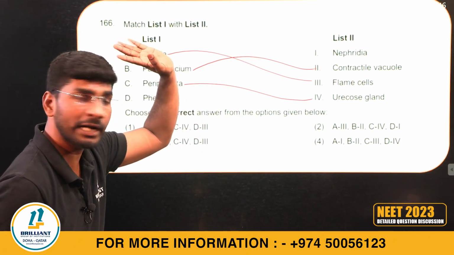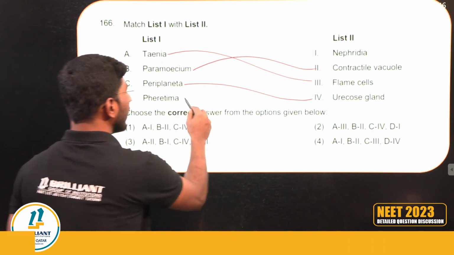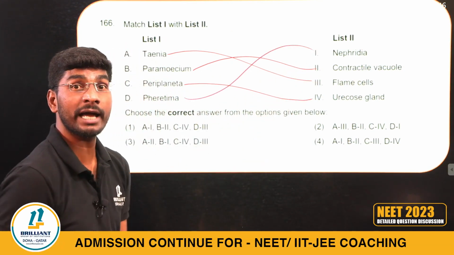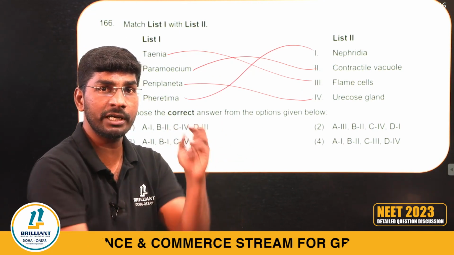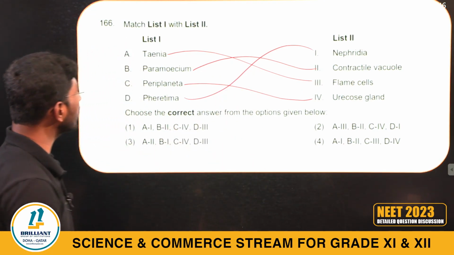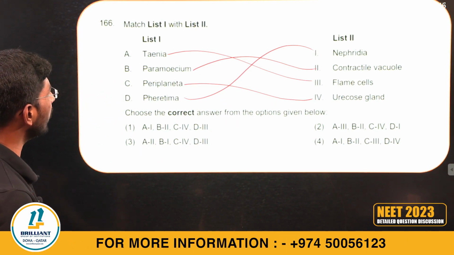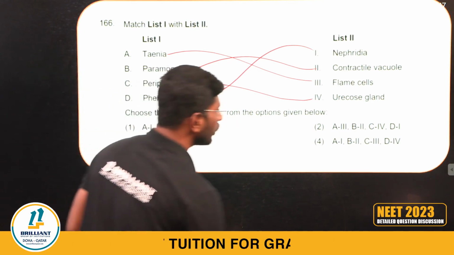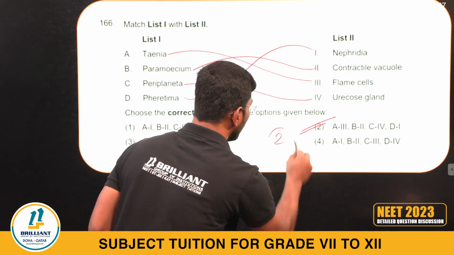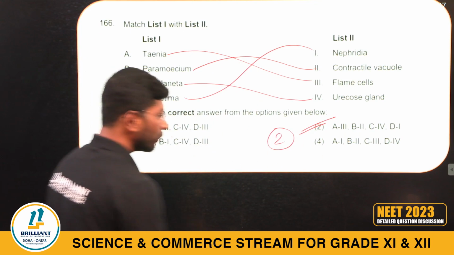Pheretima posthuma, nephridia. Do you remember nephridia? I also showed the diagram in the crash course: septal nephridia, pharyngeal nephridia, integumentary nephridia. Pick up your right answer: 3, 2, 4, 1. Option 2. 166, option 2.